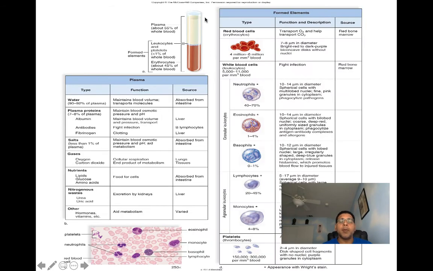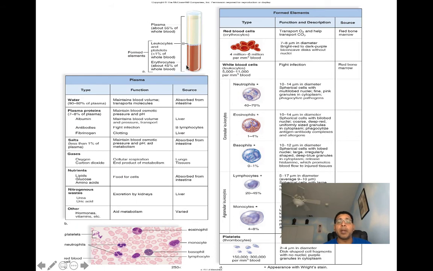Here we can see, if we were to get our blood and centrifuge it, this is what we would have. You've got plasma right here on the top. Plasma makes up about 55% of our whole blood volume. And then next we have our leukocytes and our platelets. That's called the buffy coat, and it usually makes up less than 1% of our whole blood volume.